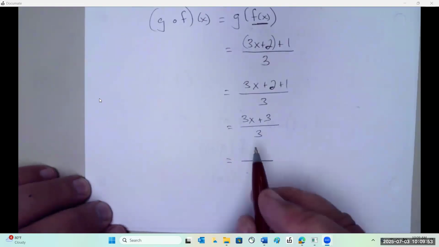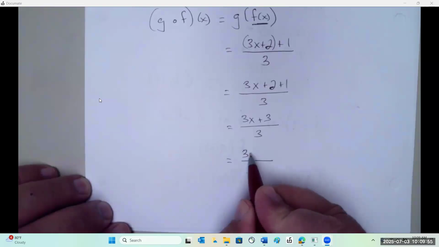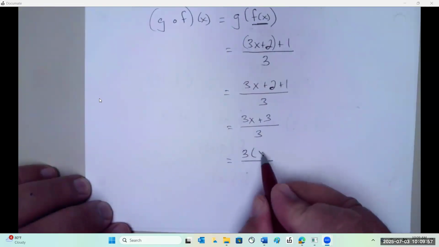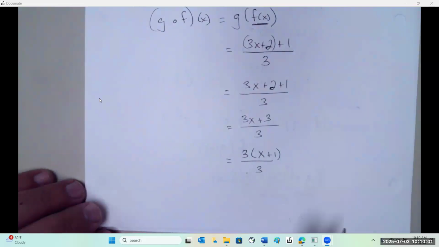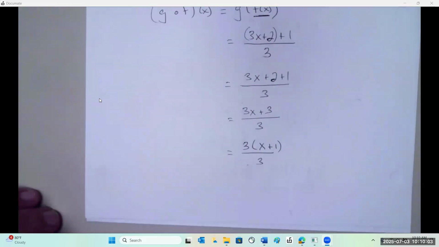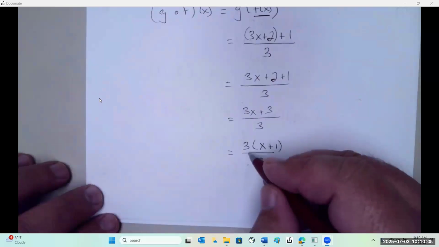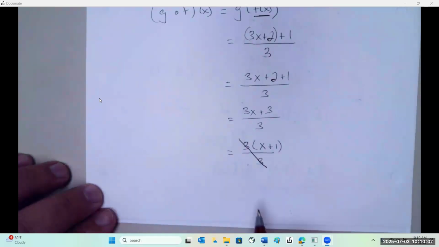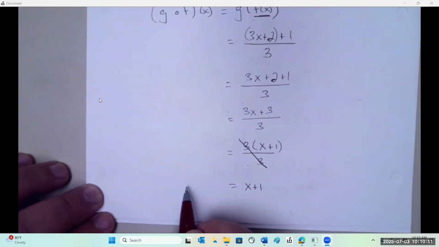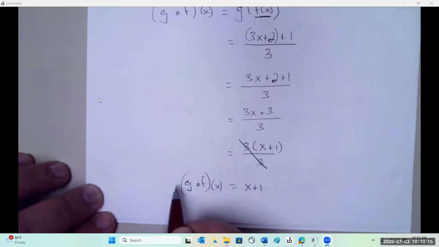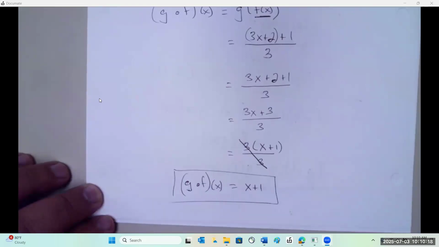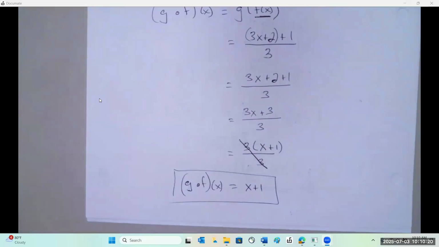On the top, they both have a 3, so we can factor out a 3, which gives us (x plus 1) divided by 3. Since we factored out the 3, we can cancel that with the denominator. So our answer is x plus 1. That's how this thing works.